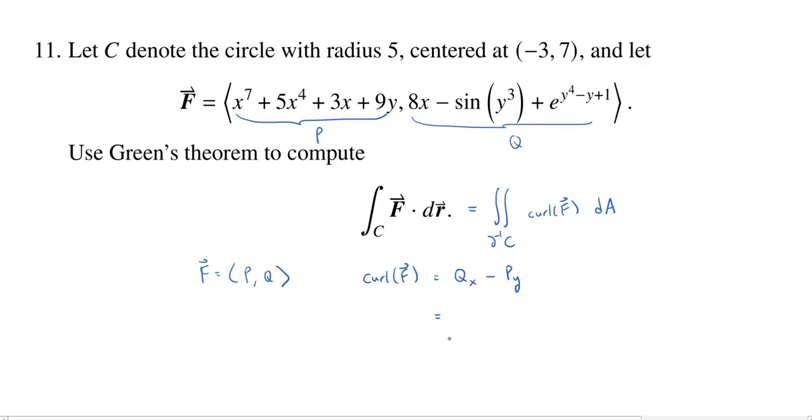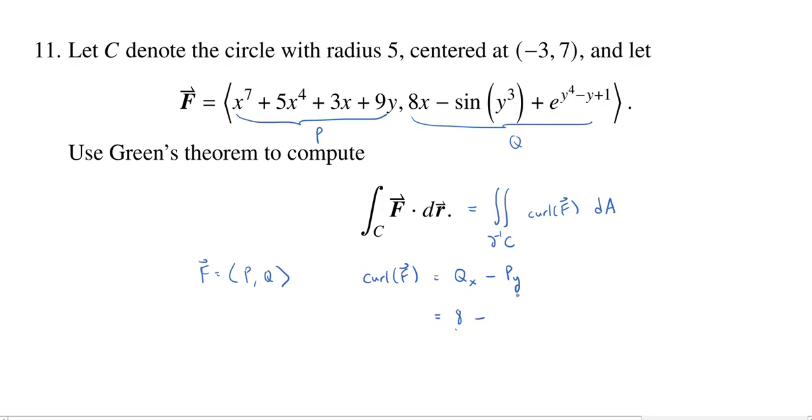So let's see. If I take the partial derivative of Q with respect to x, you'll notice the first part is 8x. That's pretty easy. You get an 8. And then the rest of this, my goodness, they're all y's. I take a partial with respect to x, and those are all 0. Hey, that's fantastic. I don't even need parentheses here.